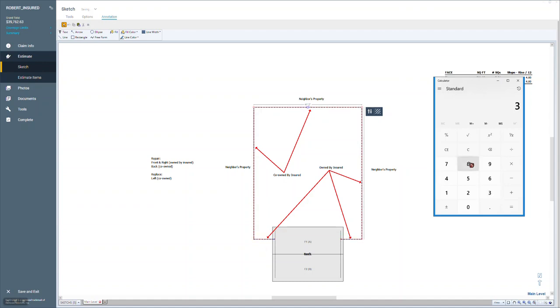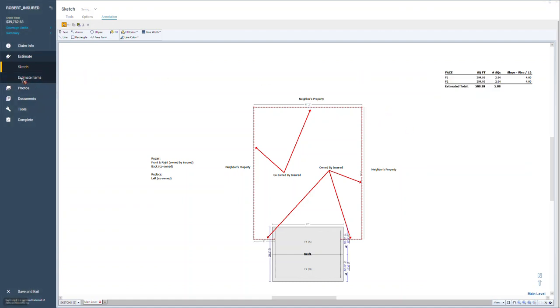So 32 in the front, plus 50 on the right, plus 41.17 in the back, plus 50 on the left. That is our total lineal foot of fencing we're going to stain times 6 feet tall. It's a 6-foot wood fence, so we're going to stain 1,039 feet.